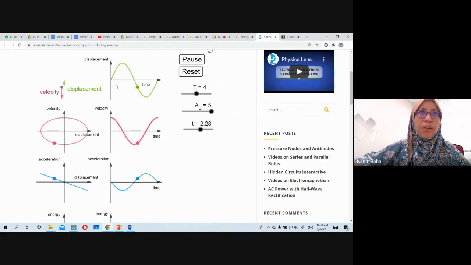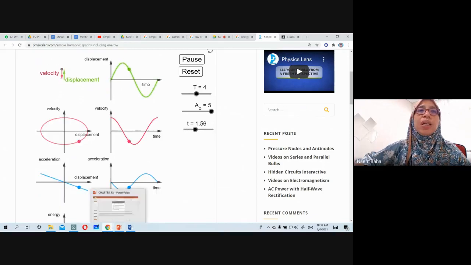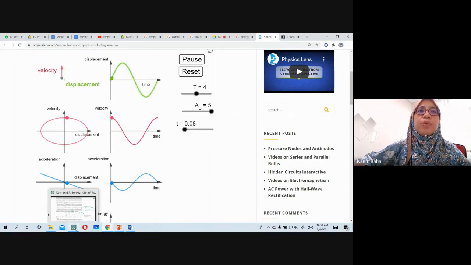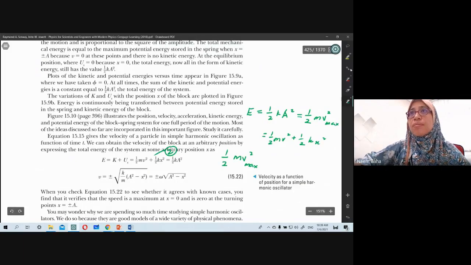One cycle is 2 pi, divide by half is pi, divide another half is pi over 2, so pi over 4 is here. When it's at pi over 4, the displacement is neither at 0 nor at the amplitude, then only you use this expression. Please use this expression.